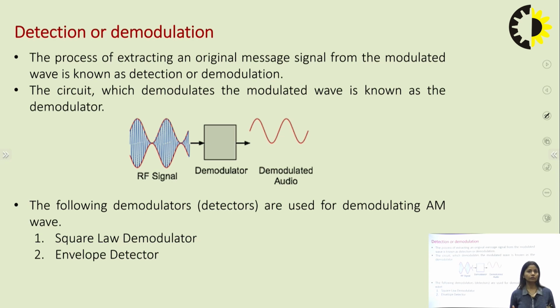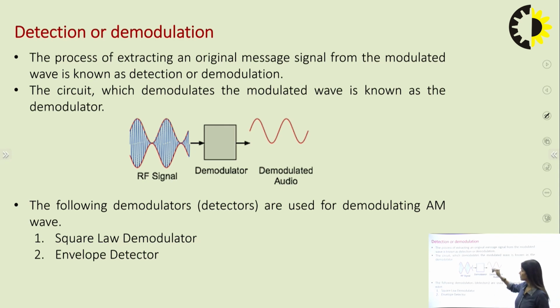So this is how we modulate the carrier wave in accordance with the modulating signal at the transmitter side. Now try to understand what we are going to do in this demodulation at the receiver end. This process is being performed at the receiver end.